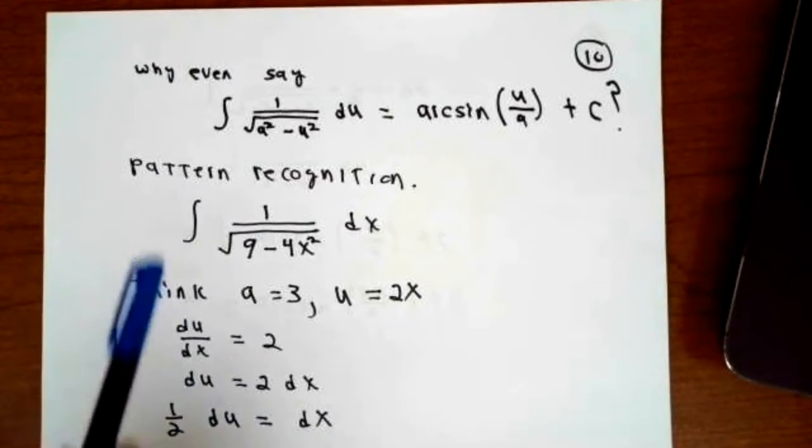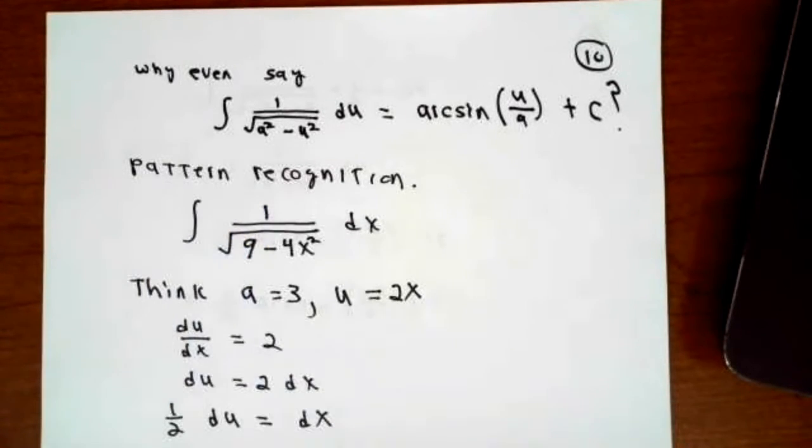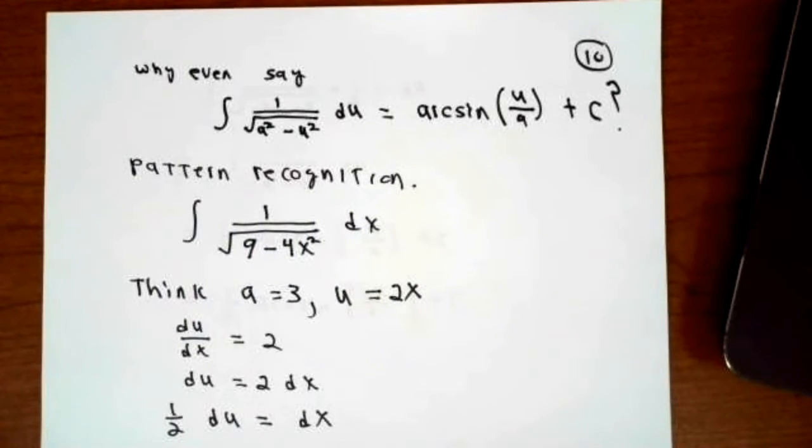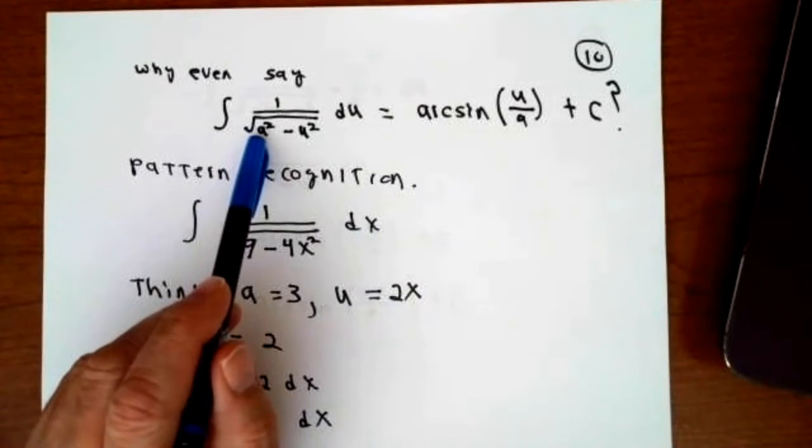If I want to look at the integral of 1 over square root of 9 minus 4x squared with respect to x, this integral has a radical in it, and within that radical, there's a constant squared.